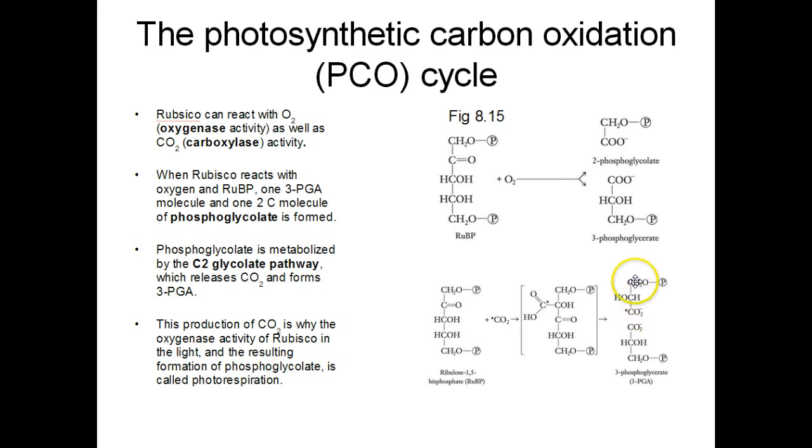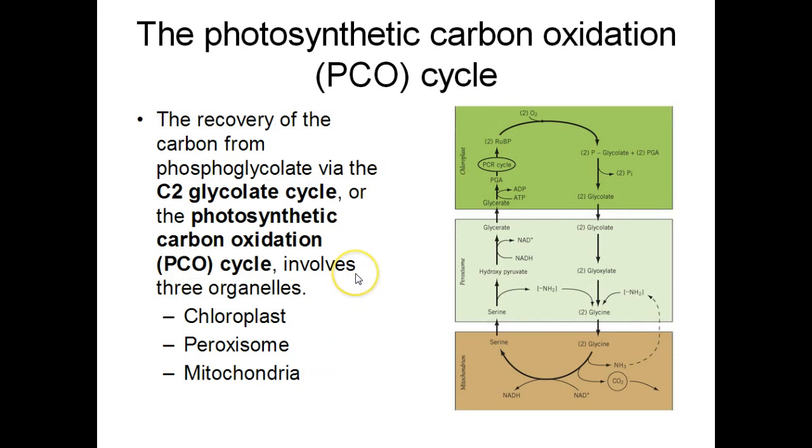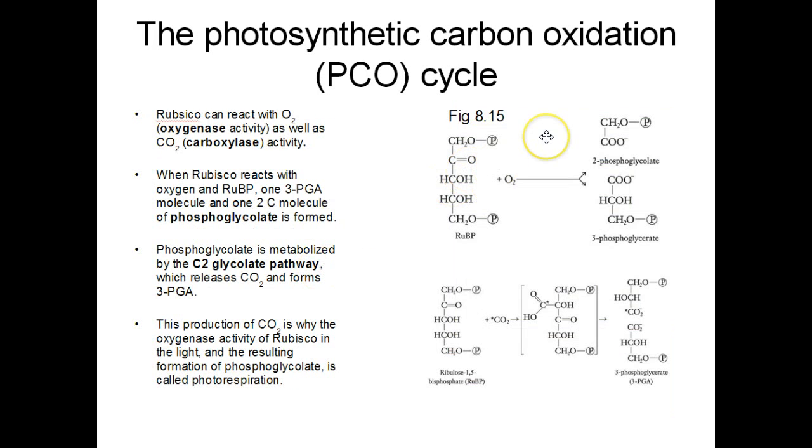So we end up with a net increase in carbon. With O2, we end up with only 5 carbons. We start with 5, you add an oxygen, you're going to end up with 5. Okay? And this is called several different things. This is called the C2 pathway. It is also called photorespiration. Have you heard of photorespiration?